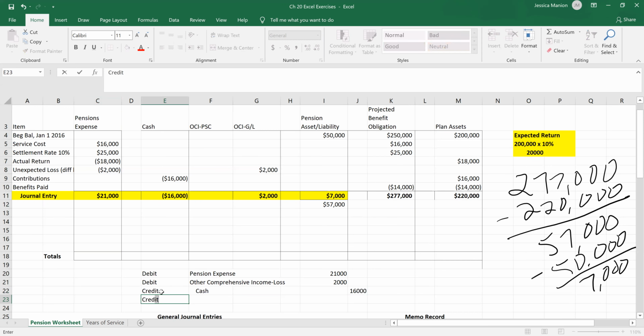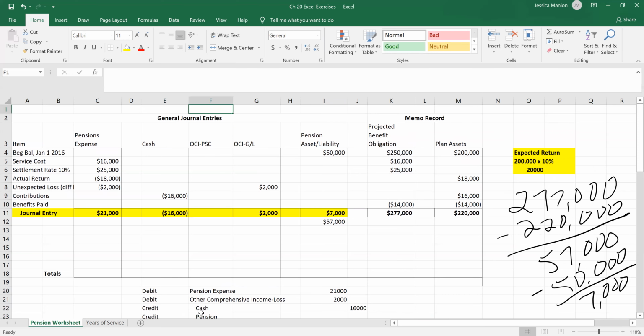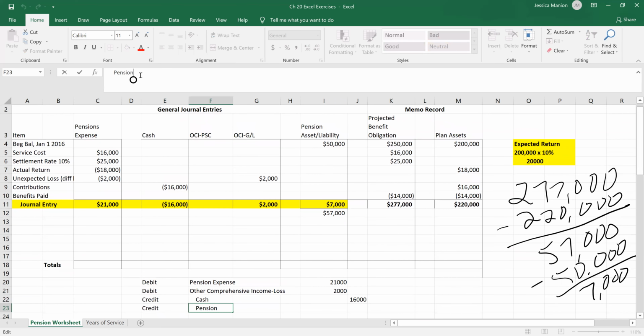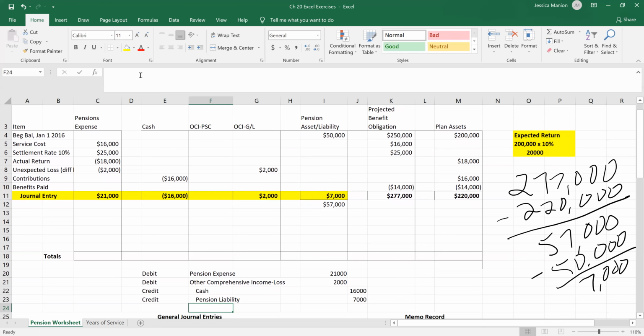We're going to credit pension liability for the 7,000. So that would be our journal entry for the end of 2016, the December 2016 entry.